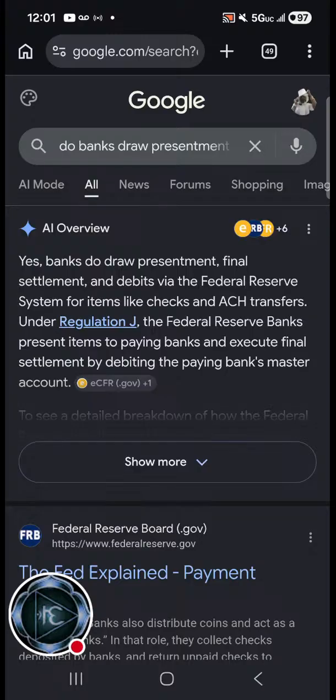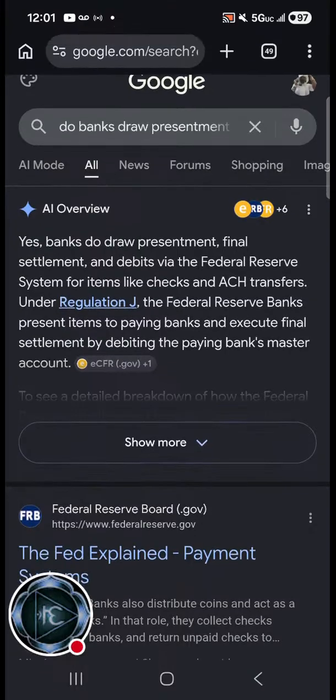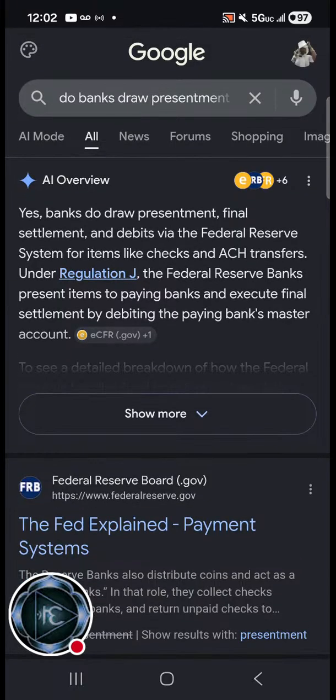Banks are only allowed to borrow, and you make them the drawer. Okay? When you request credit, lines of credit or loans, stuff like that, you make them the drawer. Then they have what was called an event.